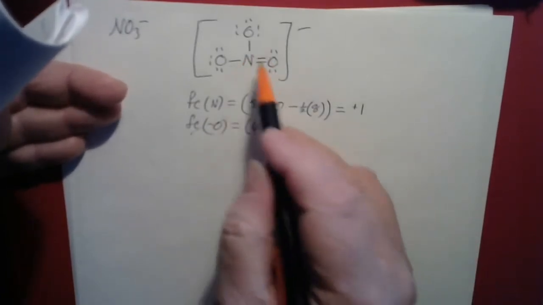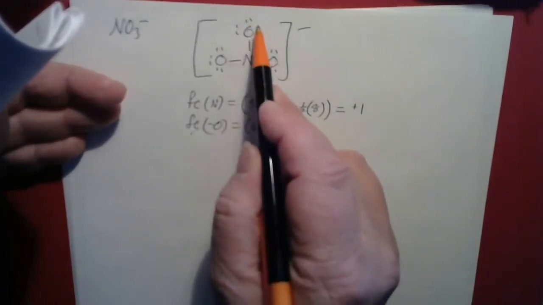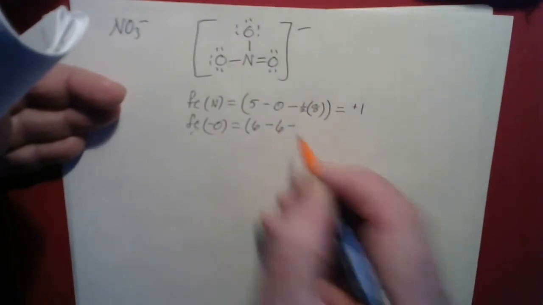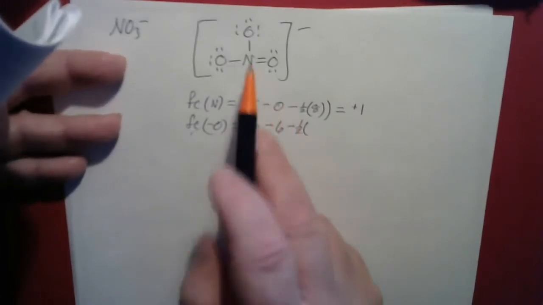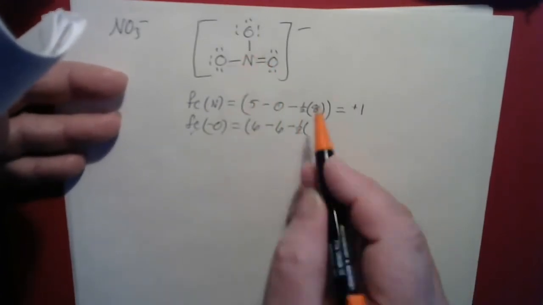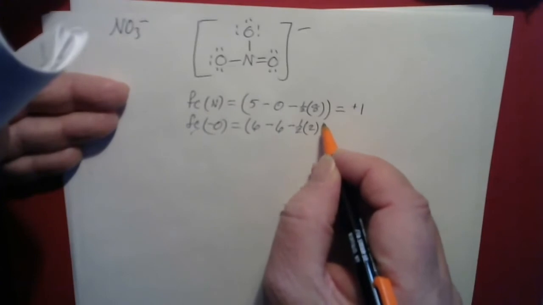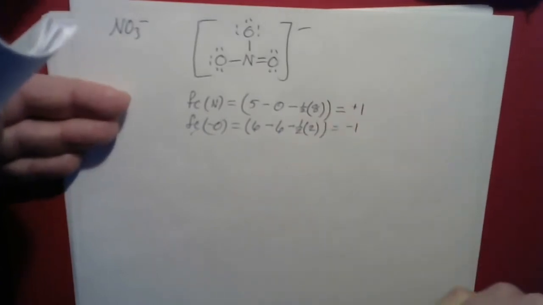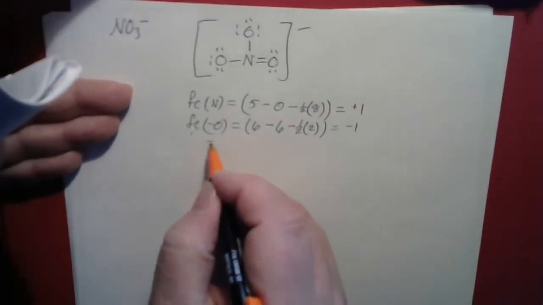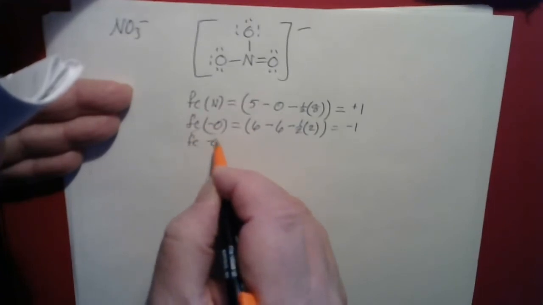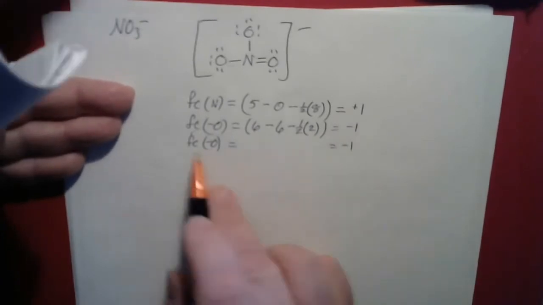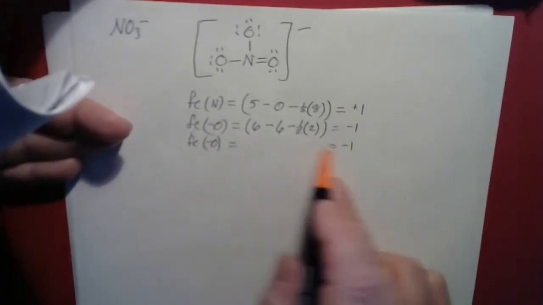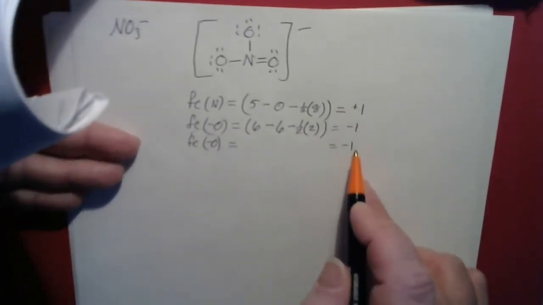From that, we will subtract 1, 2, 3, 4, 5, 6 lone pair electrons. And from that, we will subtract half of the 2 bonding electrons. And that's -1. The other single bonded oxygen is exactly the same, so that is also -1.